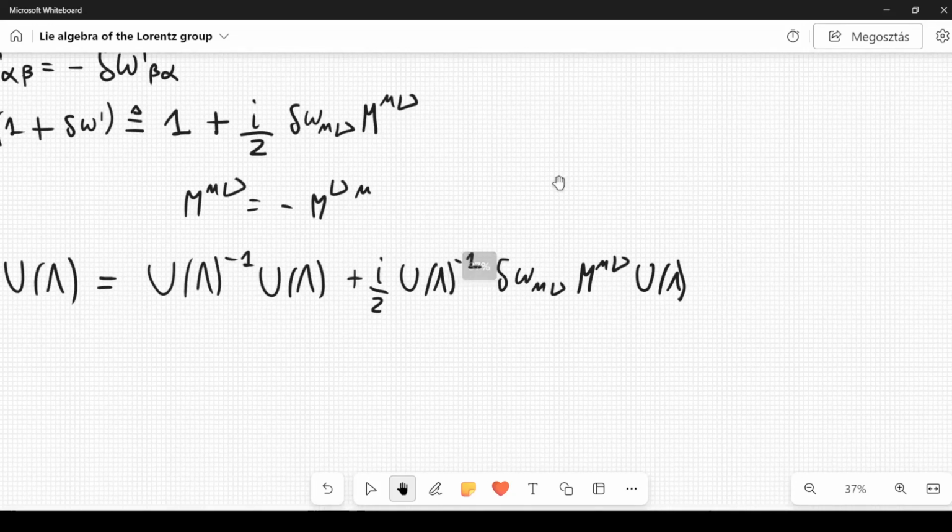And this, remember, must be equal to U of lambda inverse lambda prime lambda.